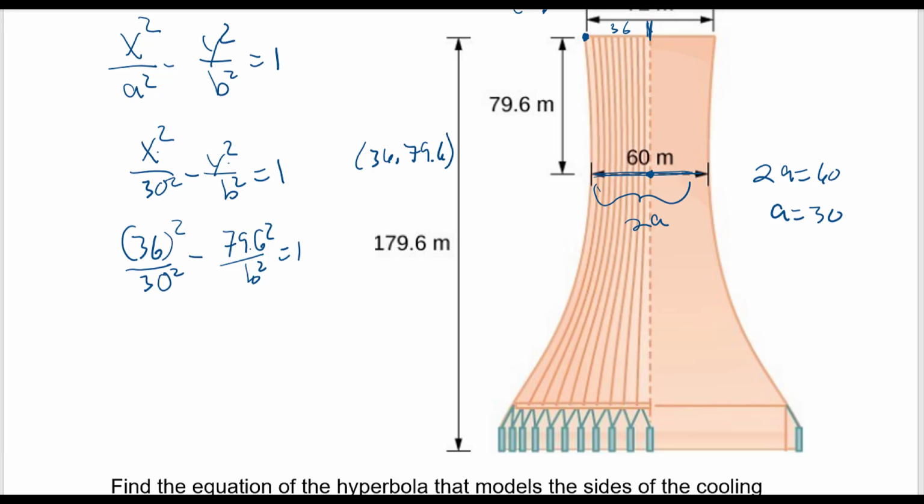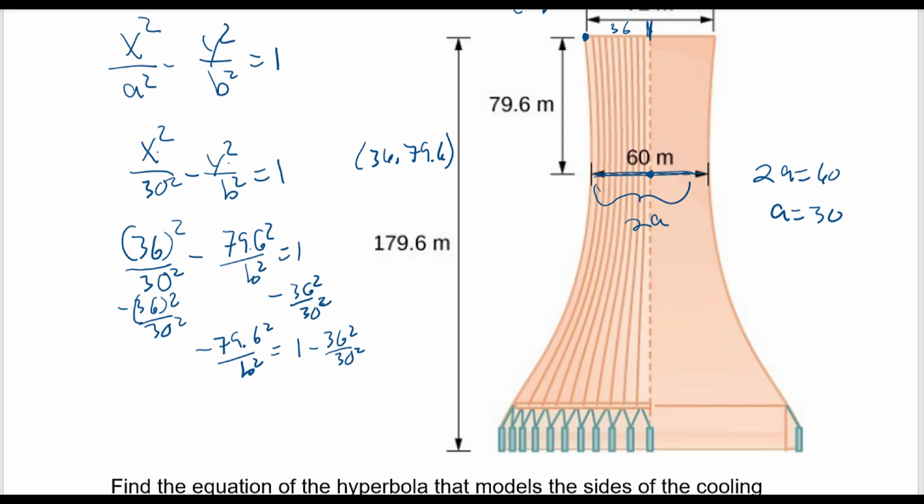So I can subtract 36 squared over 30 squared from both sides. I have negative 79.6 squared over b squared equals 1 minus 36 squared over 30 squared.